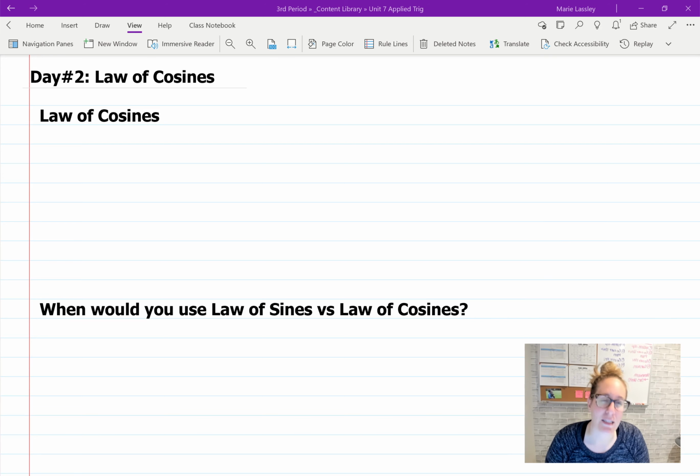Now, why are we learning a second technique, Miss Leslie? We just learned law of sines. It seemed to have worked just fine. Well, something you might have picked up on in your homework is that there were only two types of triangles, like information that you were given. And this is probably something that you haven't thought of since geometry, and you probably hoped you never would have to think of again. But in geometry, you had what we call postulates, and there were a handful of them, and some theorems, right?